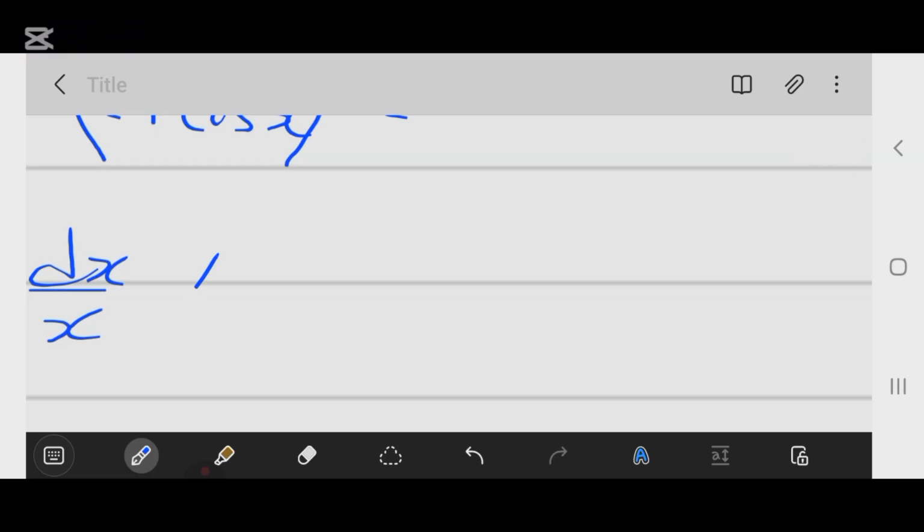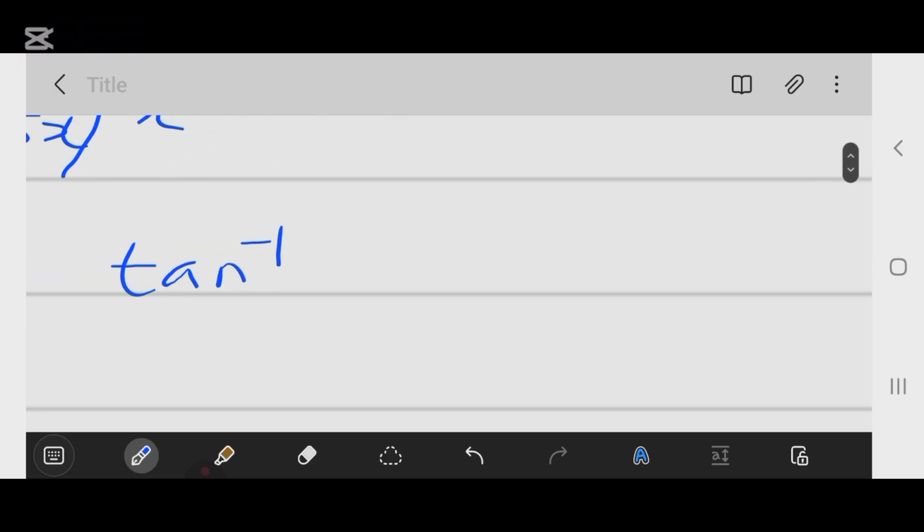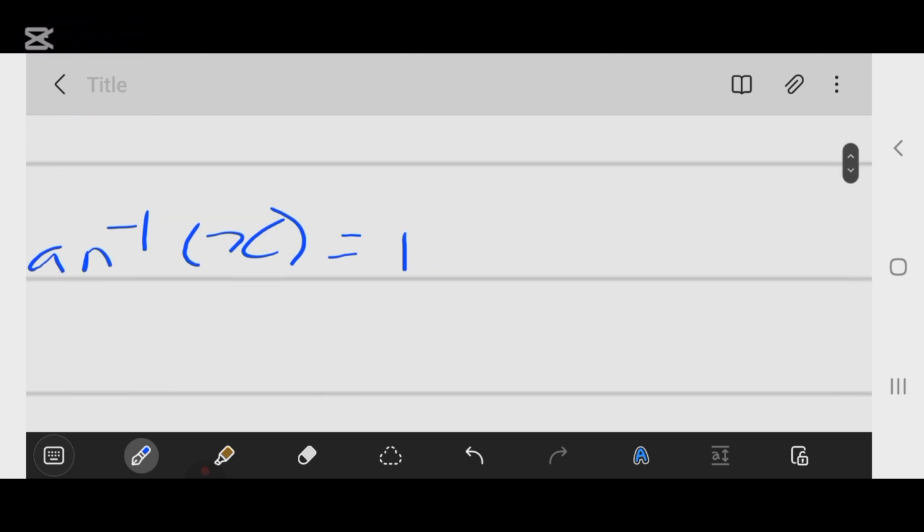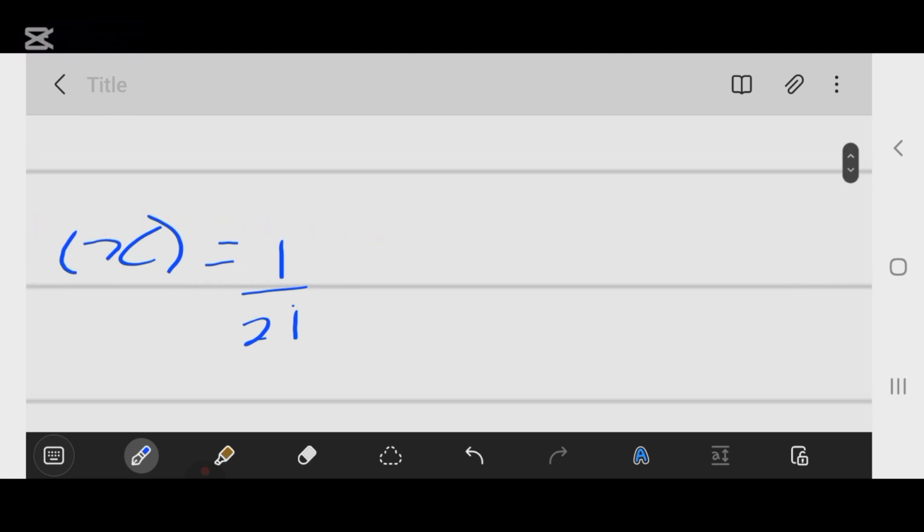Now let's introduce the complex numbers. Note that arctan x is equivalent to 1 over 2i multiplying ln of 1 plus ix all divided by 1 minus ix.